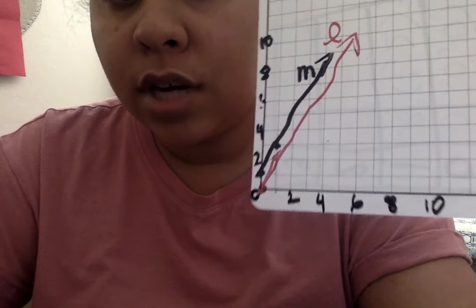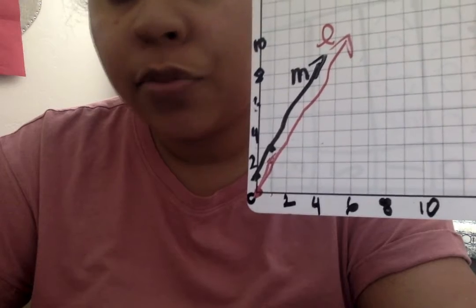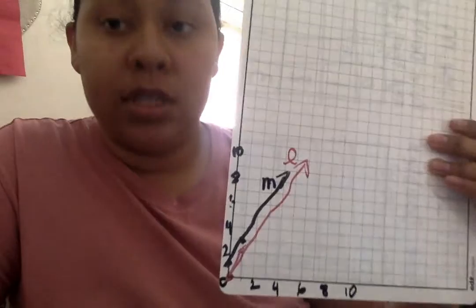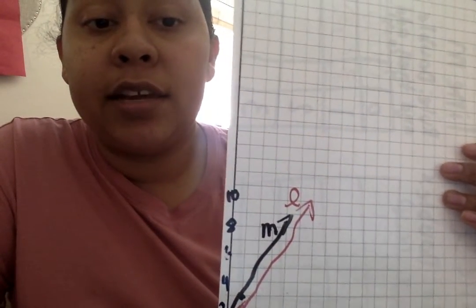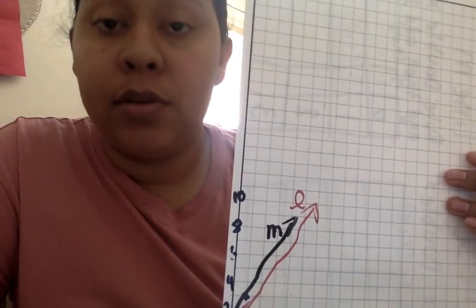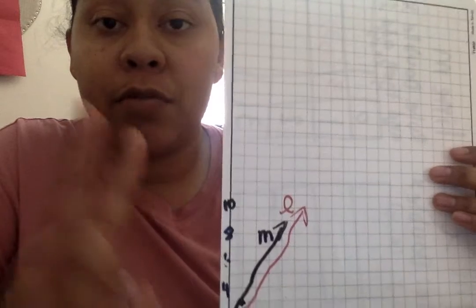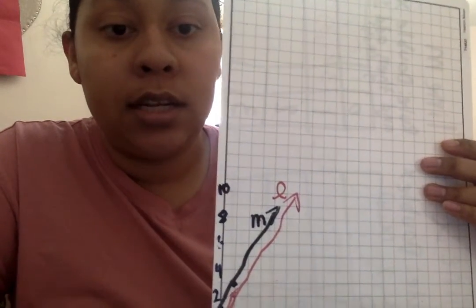So by drawing the line, predict that this line will be parallel or perpendicular to lines M and L. So you need to pick one of those to fill in the sentence. I predict that this line will be parallel or perpendicular to lines M and L. So pick one of those words, parallel or perpendicular.